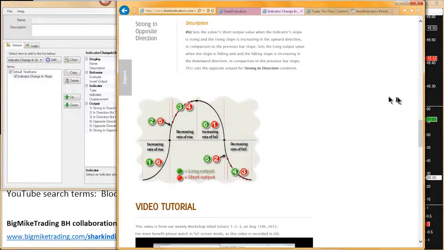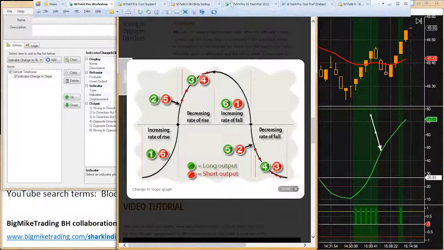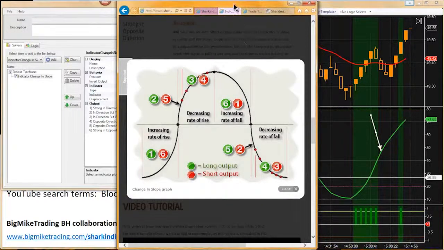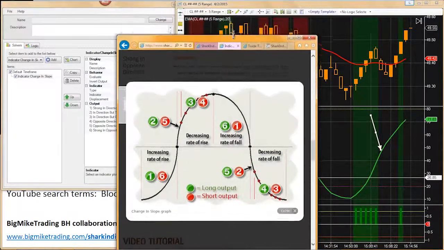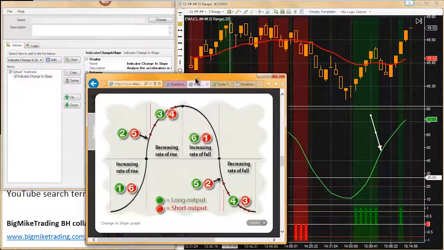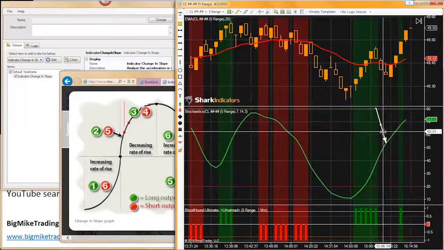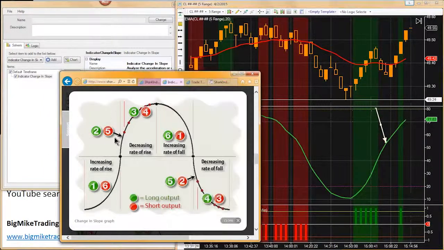So let's take a look at that graphic again. Let me make my web browser a little smaller, like so. There we go. Where my arrow is now, essentially that's in this section of the curve pattern here, right?